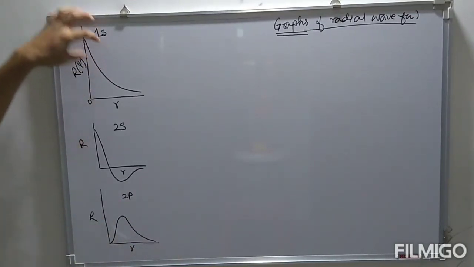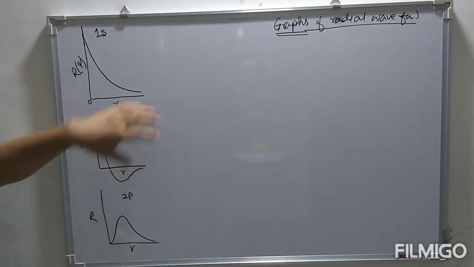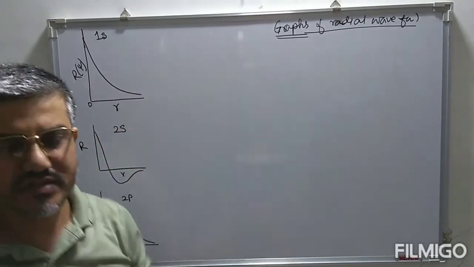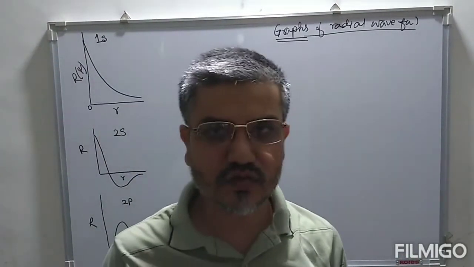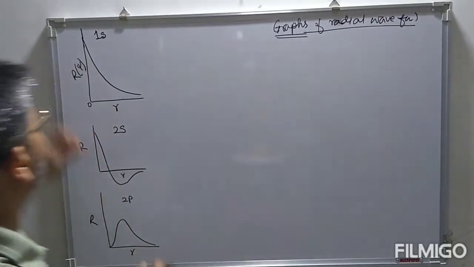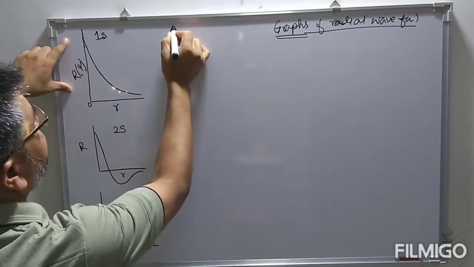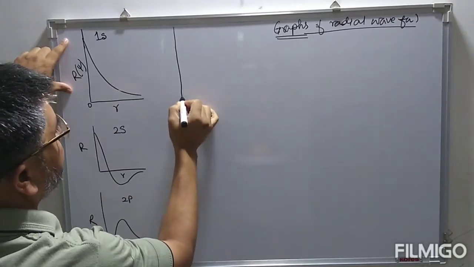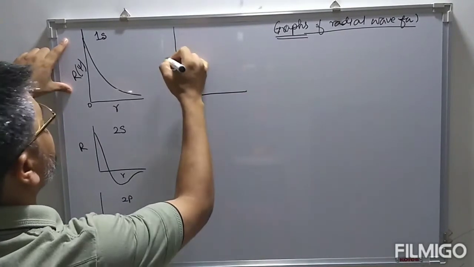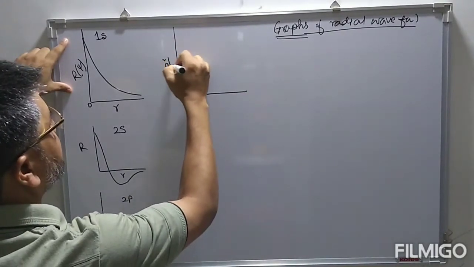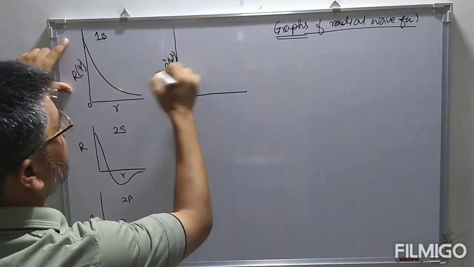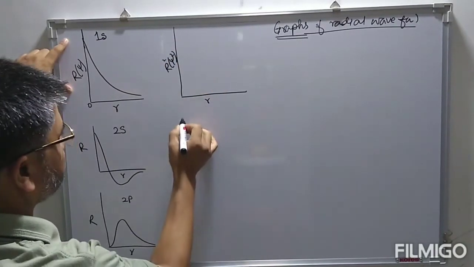Now to overcome this negative value, as we mentioned earlier, the wave function psi is to be converted into psi square, which represents the density. So we plot psi square or R square versus r.